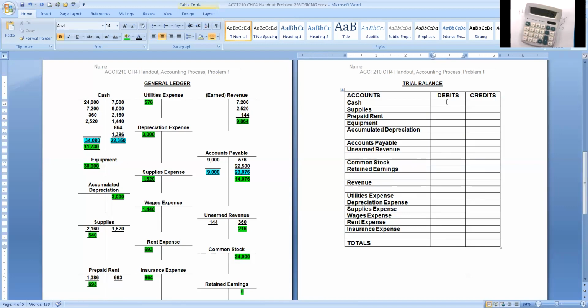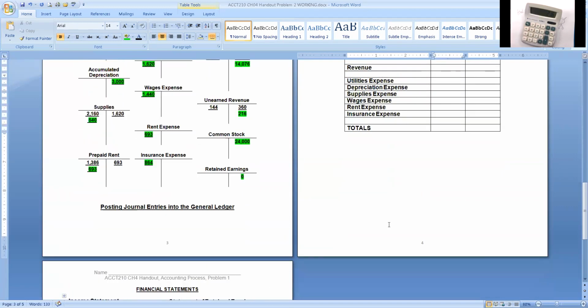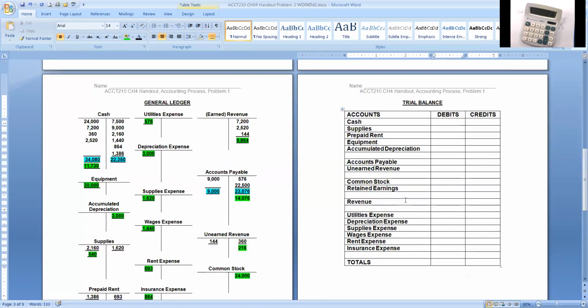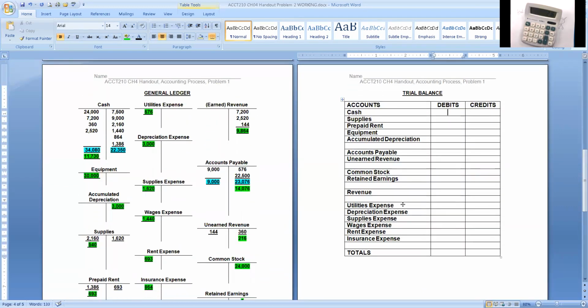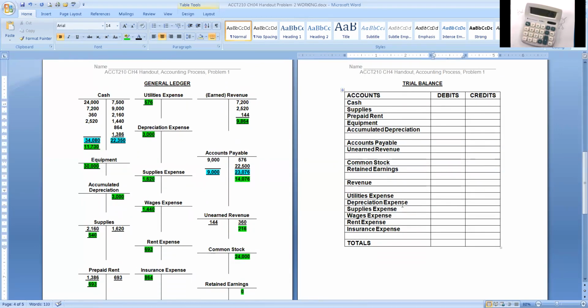The trial balance is there to make sure that your debits equal the credits. If they don't, you've got to figure out why, because on the last page we're going to make financial statements, and if our debits don't equal our credits, the financial statements aren't going to balance. So the trial balance is really there to make sure that you don't miss anything.